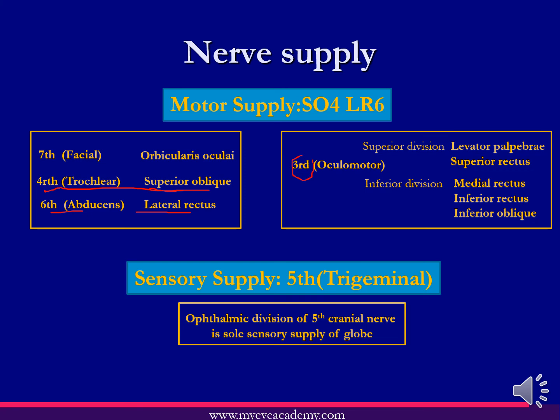Superior division of the third nerve supplies the levator palpebrae and superior rectus, while the inferior division supplies the medial rectus, inferior rectus and inferior oblique. The sole sensory supply of the eyeball is trigeminal nerve, which is the fifth cranial nerve.